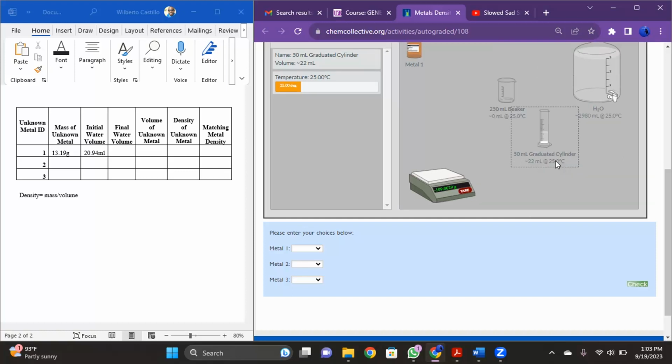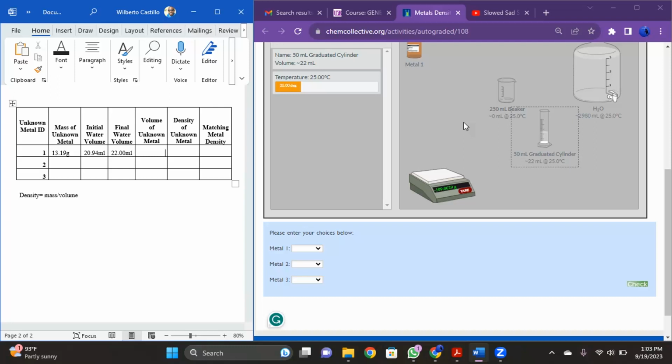So now the volume has changed and the volume is now 22 milliliters. That's the final volume, 22.00 ml.